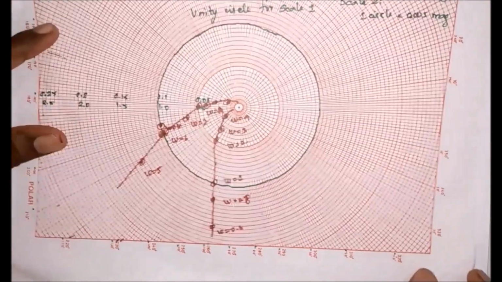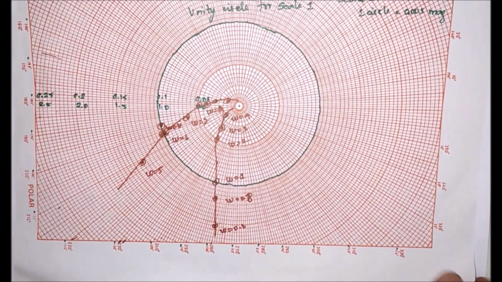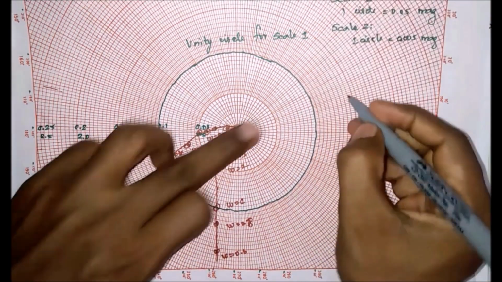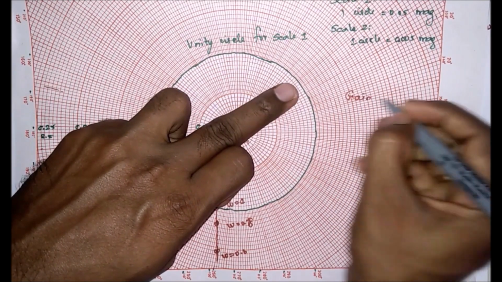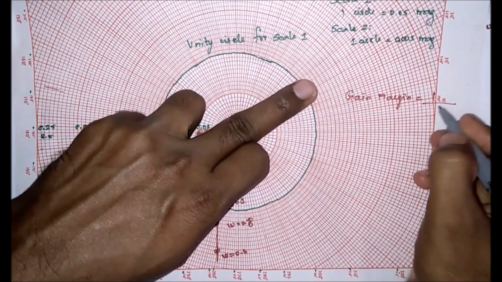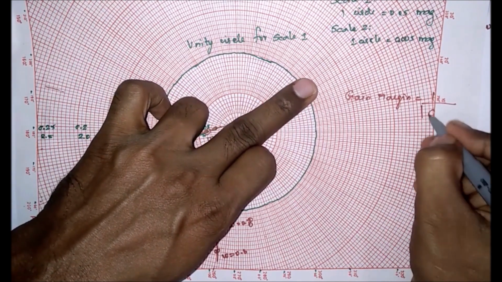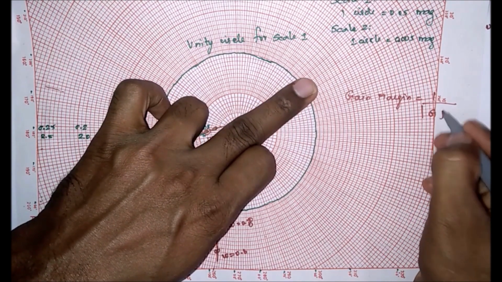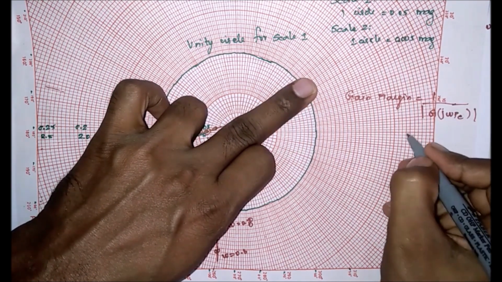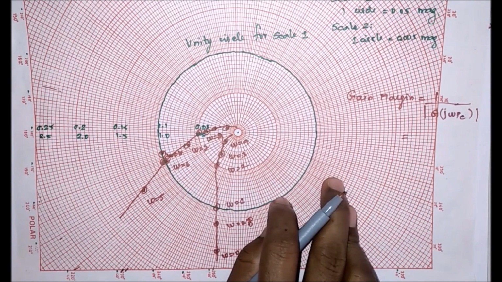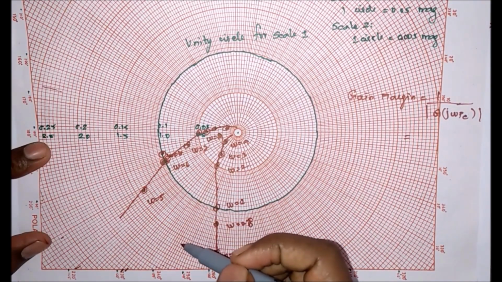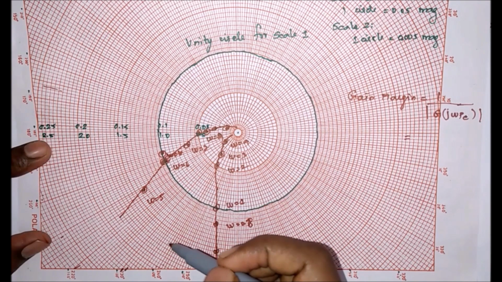Now we have to find the phase margin and gain margin. We know the formula: gain margin equals 1 divided by the magnitude of G(j omega) at the phase crossover frequency. Phase crossover frequency is where the polar plot cuts the minus 180 degree line.